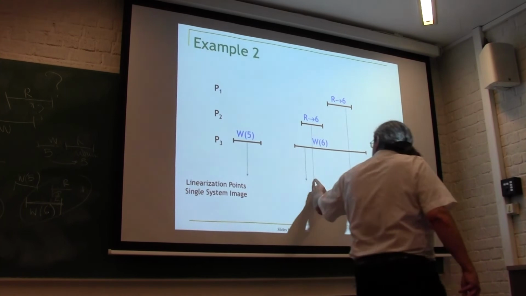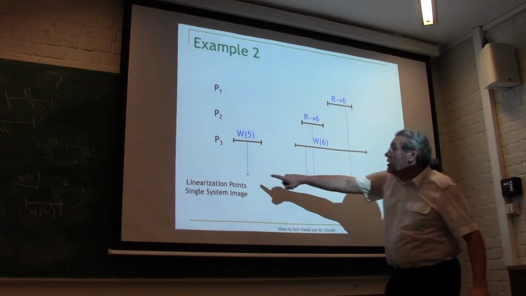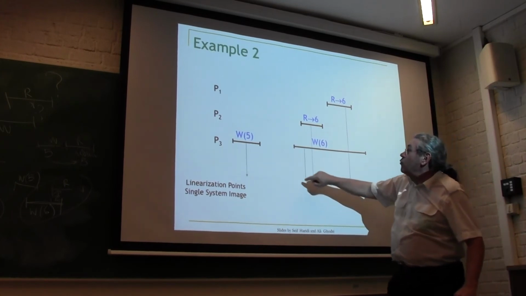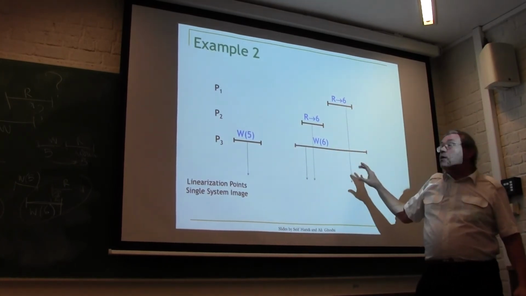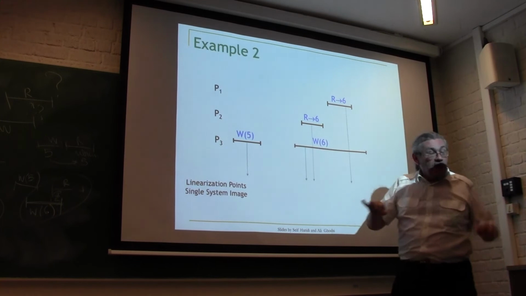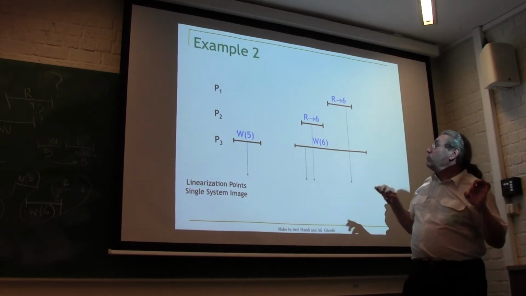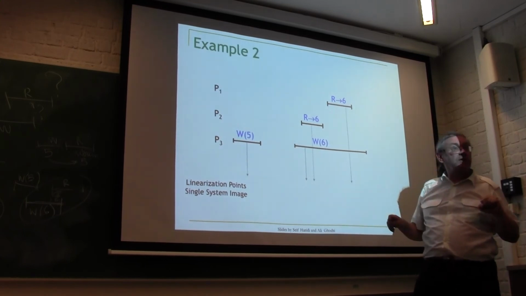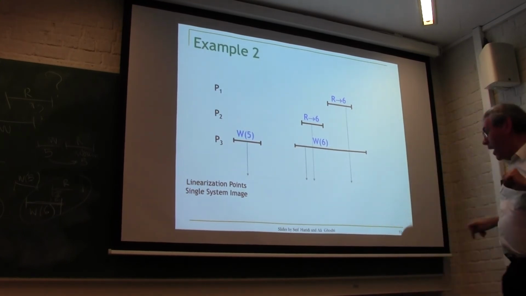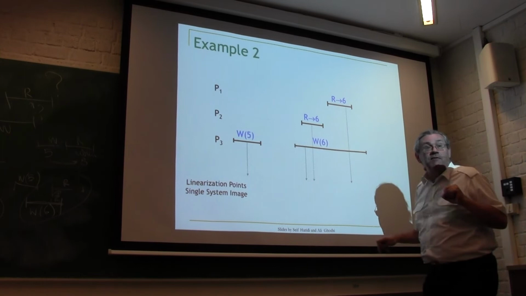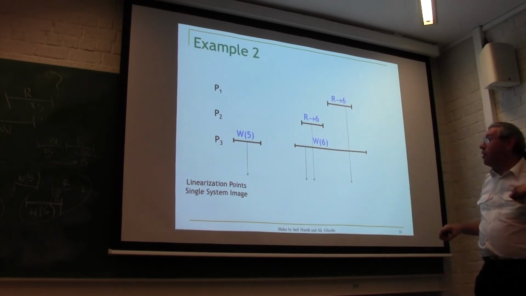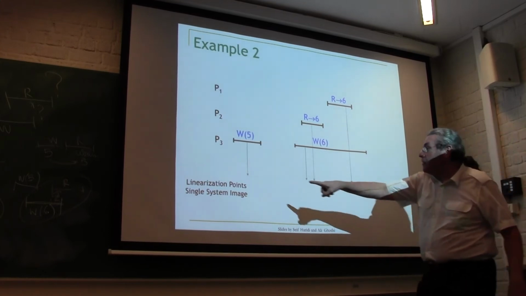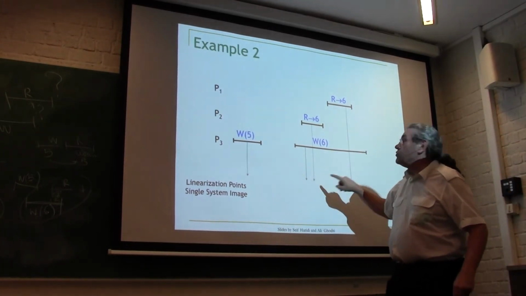So you can see these, if the reads and writes were done instantaneously at these points, we would get the same values. So this system is behaving as if the reads and writes happened instantaneously at these points. You see that? So it's exactly behaving as if it were single storage. Of course, the read and write did not actually happen instantaneously in this distributed system.